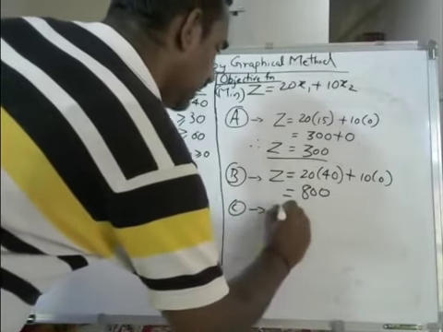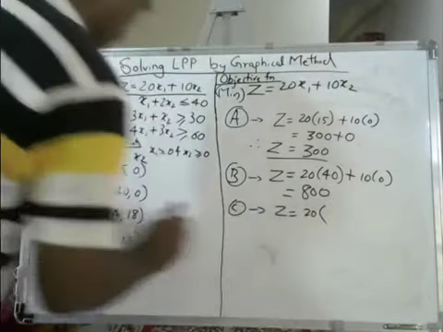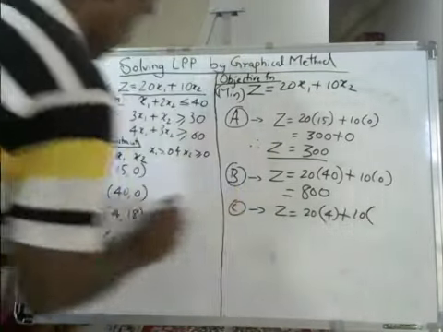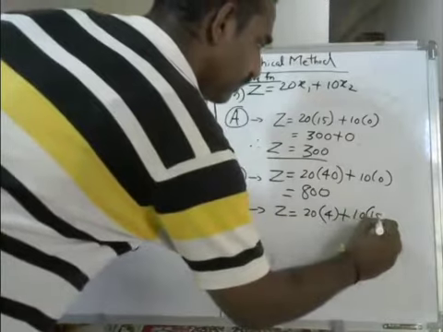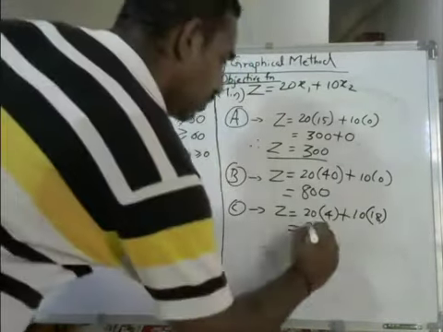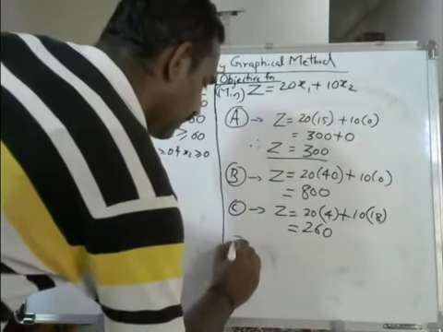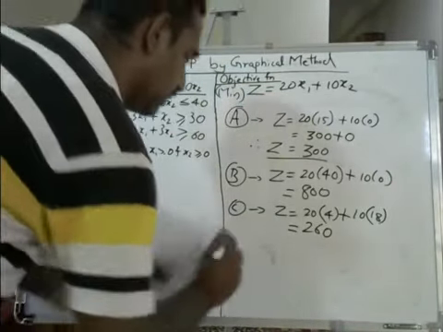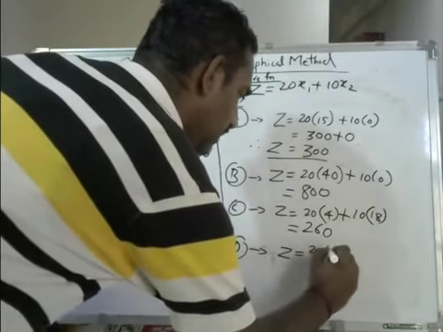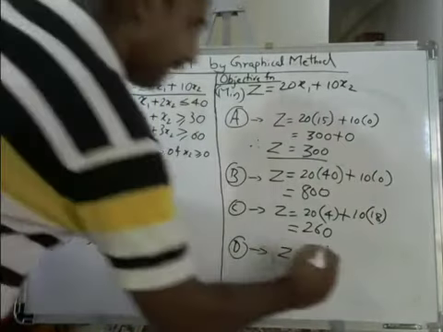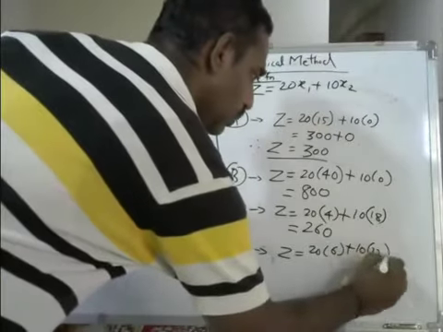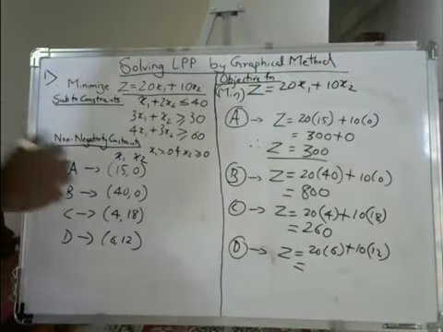Similarly, if you go for C, z is equal to 20 into 4 plus 10 into 18, you will get the value as 260. Now the last one, for D, z is equal to 20 into 6 plus 10 into 12 will give you 240.